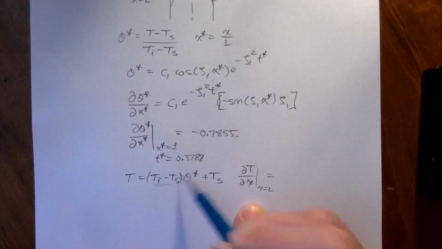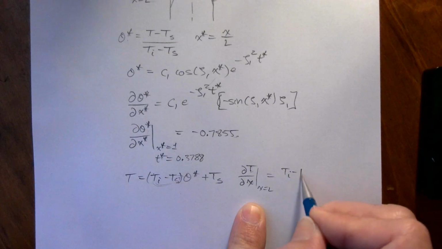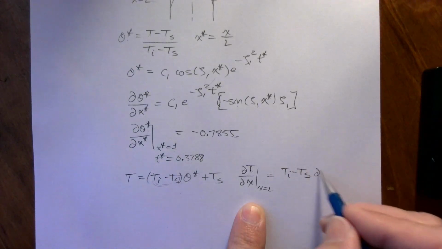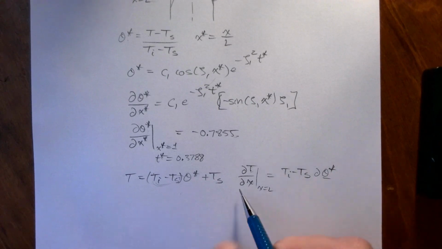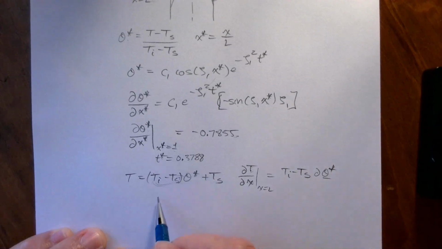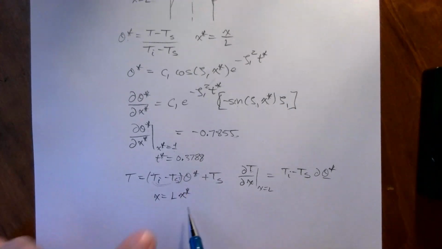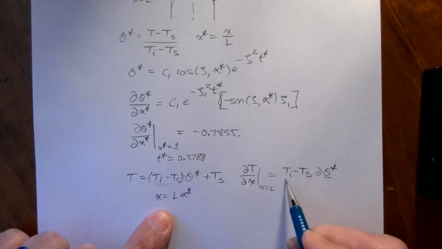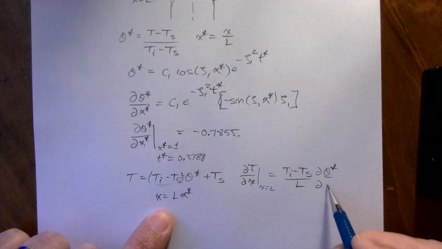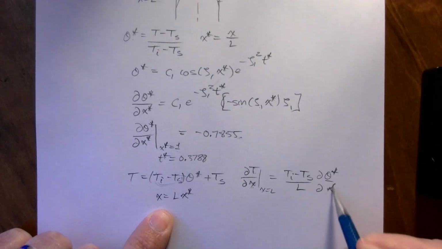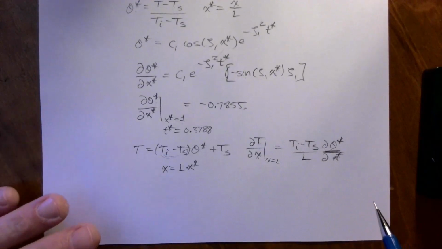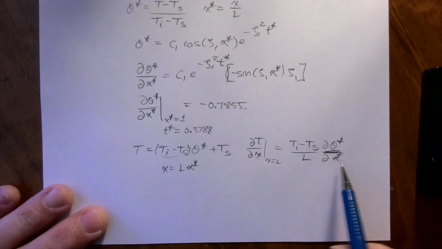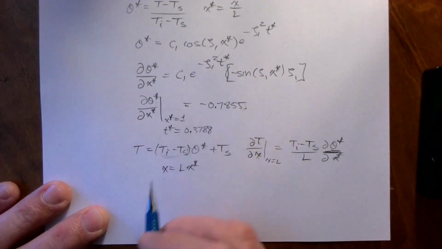That constant will come out front. So this will be equal to Ti minus Ts partial of theta star, there's the numerator. The denominator, x is equal to L times x star. If I put this in place there, L comes out front, and then I have the partial with respect to x star. So that's my connection.